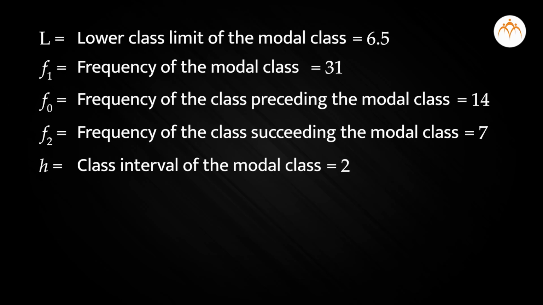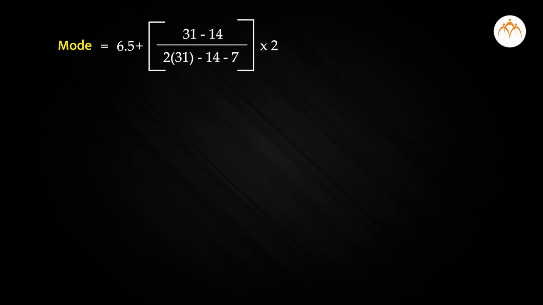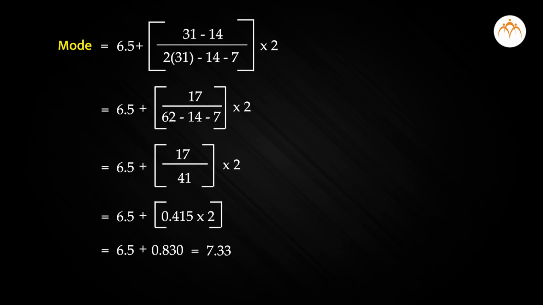Now the formula is mode equal to L plus (F1 minus F0) upon (2F1 minus F0 minus F2) into H. Therefore, mode is equal to 6.5 plus (31 minus 14) upon (2 into 31 minus 14 minus 7) into 2, is equal to 6.5 plus 17 upon (62 minus 14 minus 7) into 2, is equal to 6.5 plus 17 upon 41 into 2, is equal to 6.5 plus 0.415 into 2, is equal to 6.5 plus 0.830, is equal to 7.33.